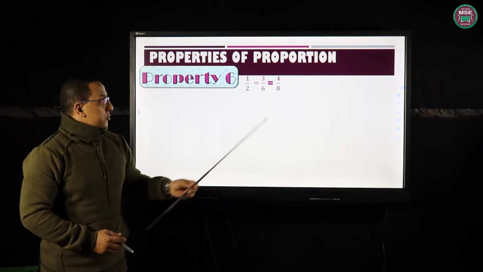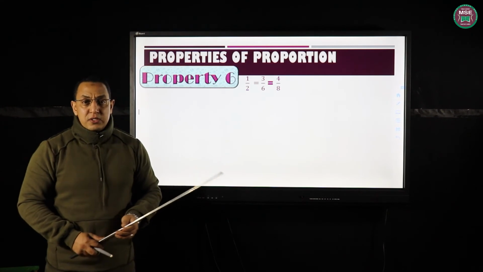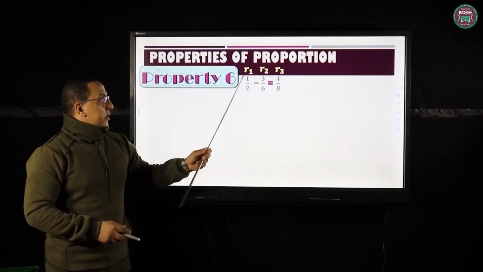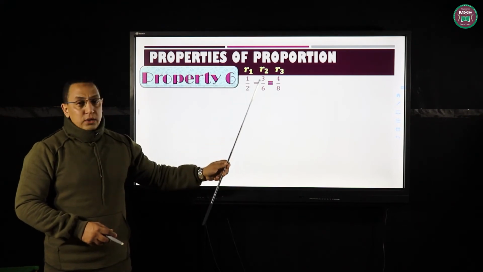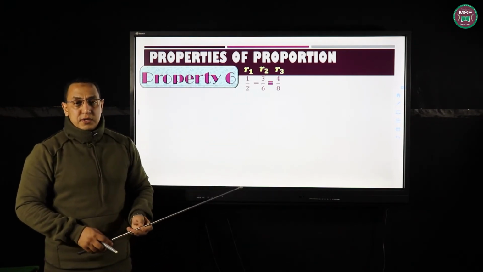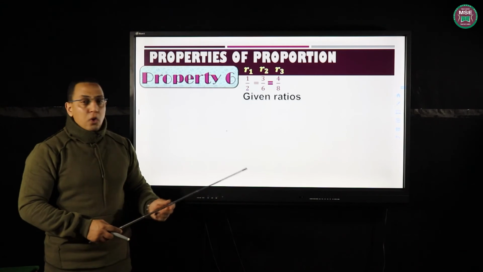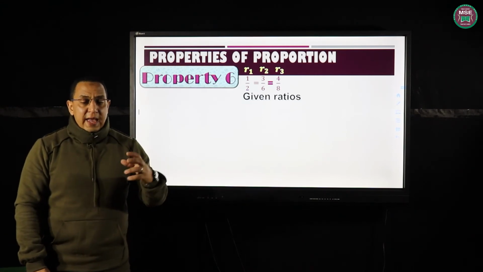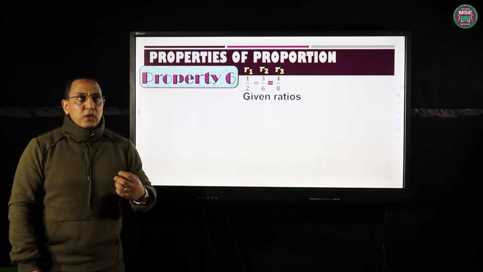Now I'm going to call these three ratios the given ratios. I'm going to call the first one R1, the second one R2, and the third one R3, and all of them are called given ratios. Now I'm going to make some changes and we are going to see what will happen.